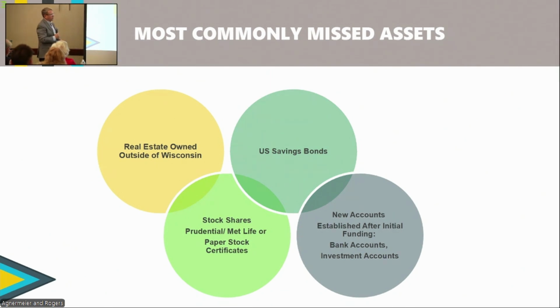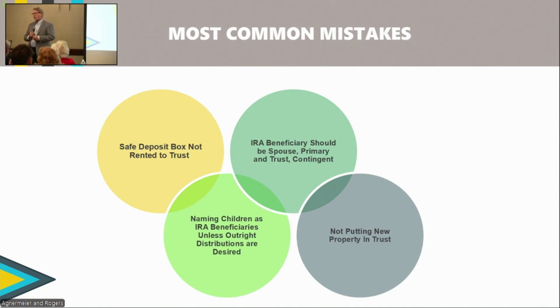And here's just a few common mistakes. If you have a safe deposit box, first of all, do not put your estate planning binder in the box. This red book, we want it to be easily accessible to your successor trustees.